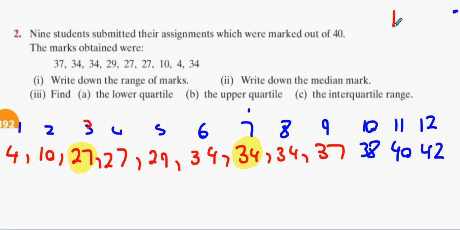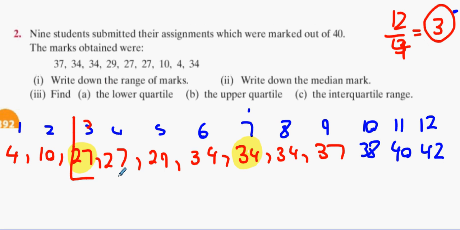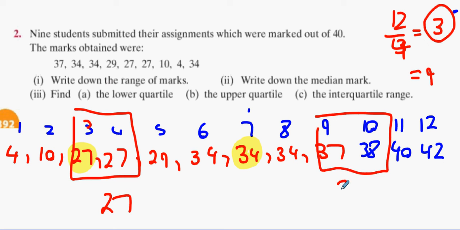Because 12 divided by 4 is 3. Because it goes in evenly, guess what you have to do? You have to average the third and the fourth, which will be 27. What's 3/4 of 12? 9. But this time you'd have to average the 9th and 10th. Do you see the way the technique changes, whether it's a multiple of 4 or not a multiple of 4? That changes the technique, okay?